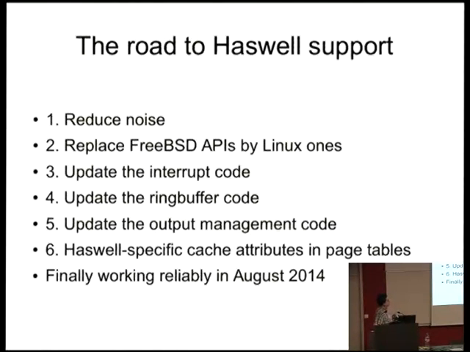The interrupt code was completely different. The ring buffer code was also very different between Haswell, well, Linux 3.8 and previous driver generations. The output management code was nothing at all like what we had in previous Linux i915 versions. Haswell is very different from previous GPU generations.